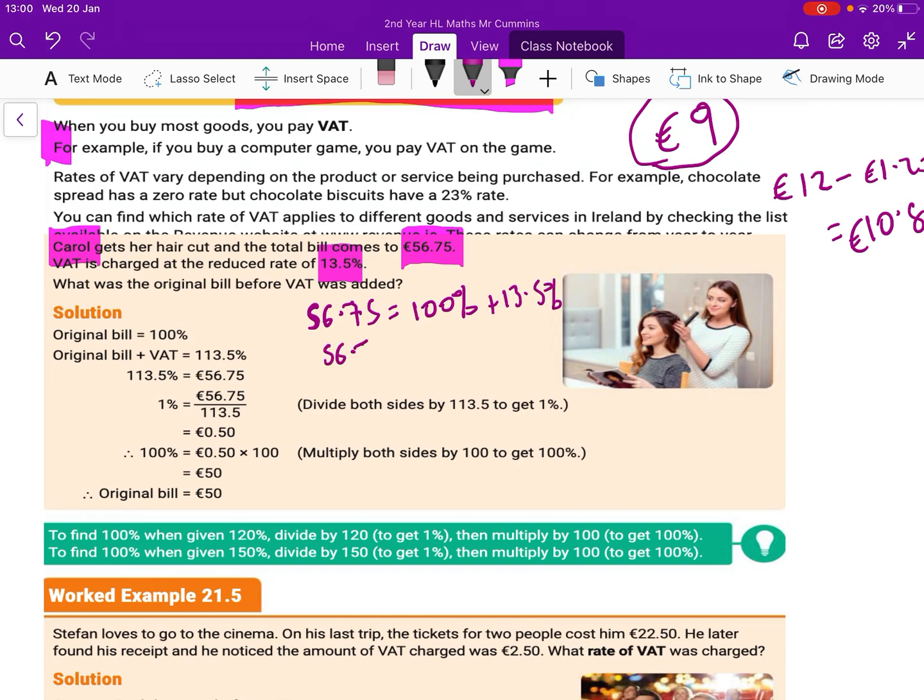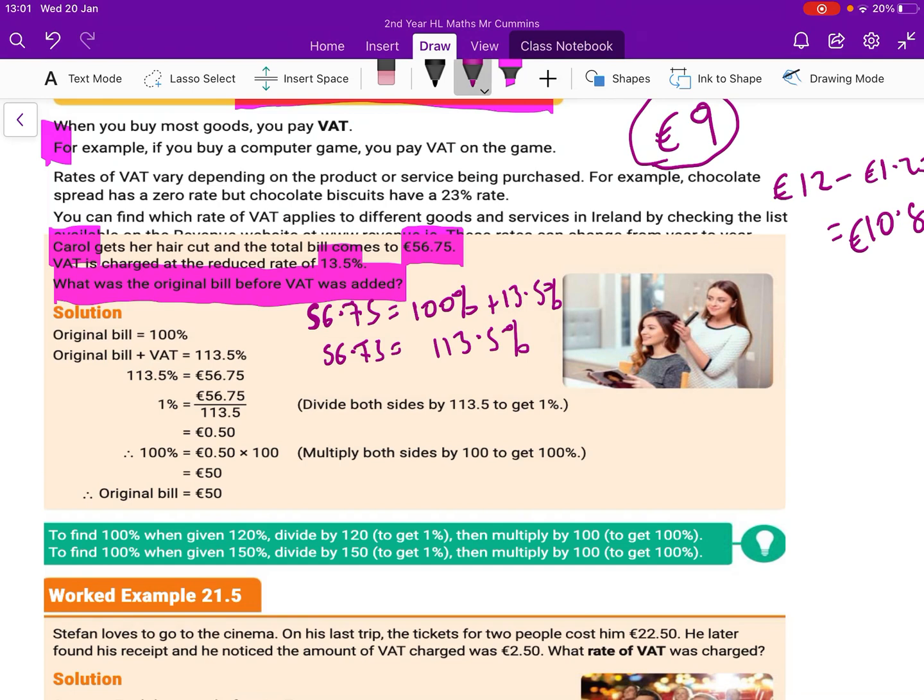So basically, $56.75 is equal to 113.5% of the cost. So what you're wondering is, how much is the hairdresser actually getting out of this? Or the way they word it is, what was the price before the VAT was added?